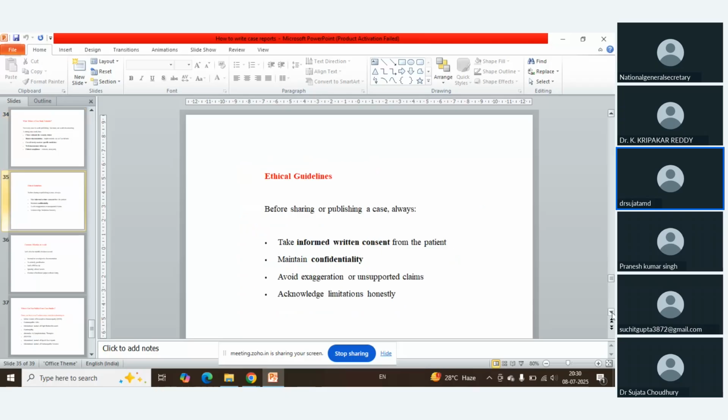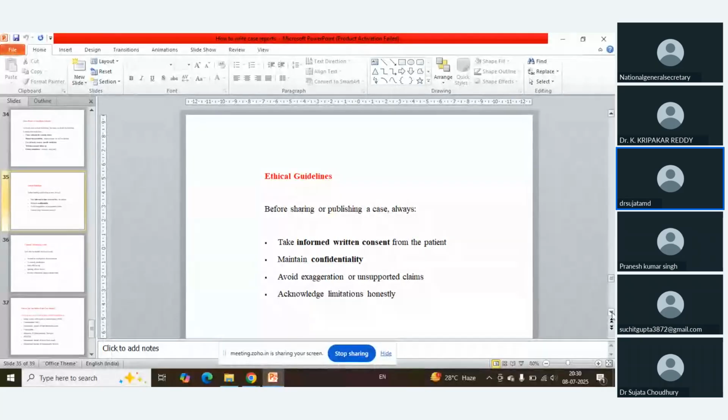The ethical guidelines include informed consent, written consent, and maintaining confidentiality of patient data. Patient data means personal information, not the clinical aspect. Avoid exaggeration or unsupported claims, and acknowledge limitations honestly.